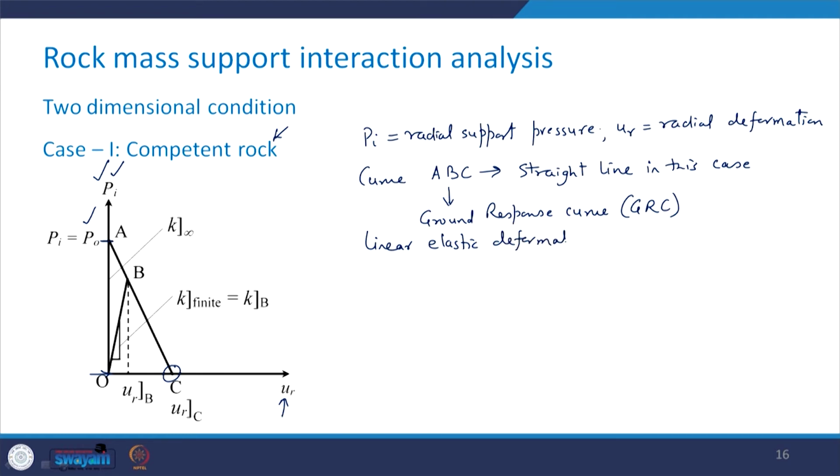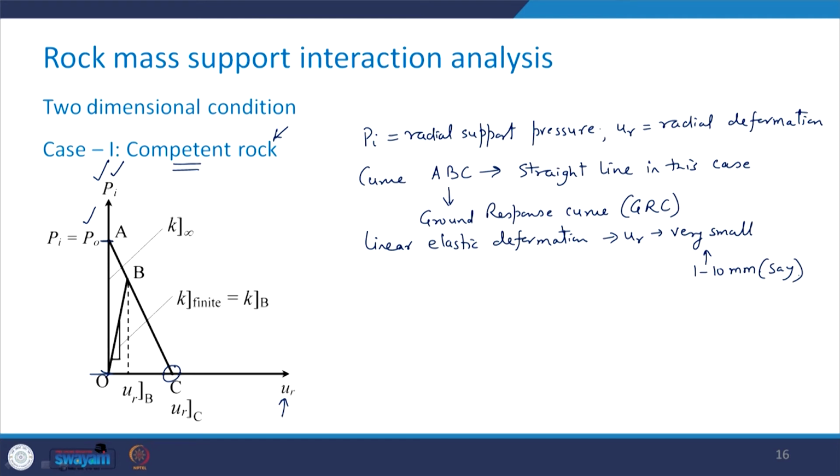Why linear elastic deformation? Because we are talking about the competent rock. In this case, UR is going to be very small, maybe to the tune of say 1 to 10 millimeter. This is just to give you the idea.